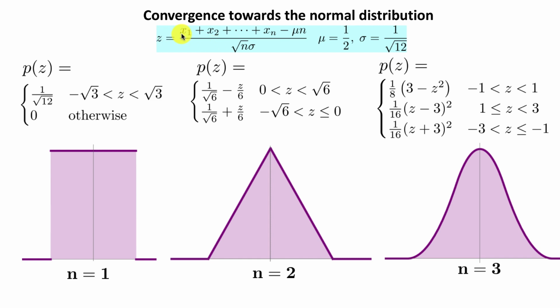We have x1 plus all the way up till xn minus mu times n, and when we took n equal to 1, we got p of z as being this. When we took n equal to 2, we got this thing over here. But when we take n equal to 3, then we get something much smoother.